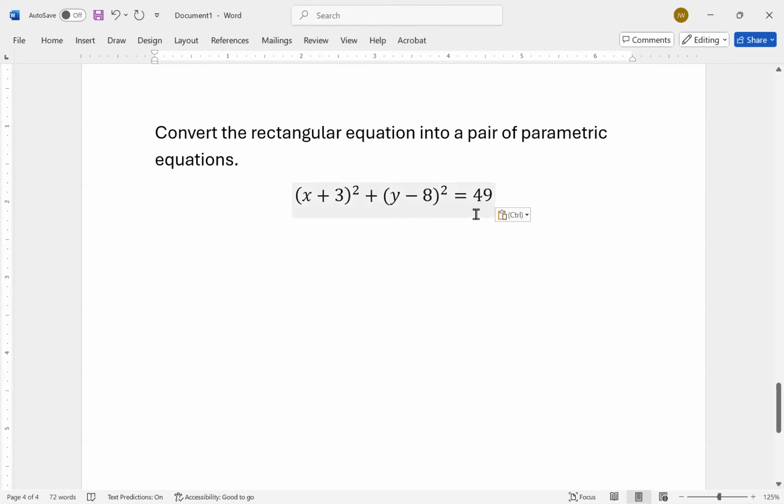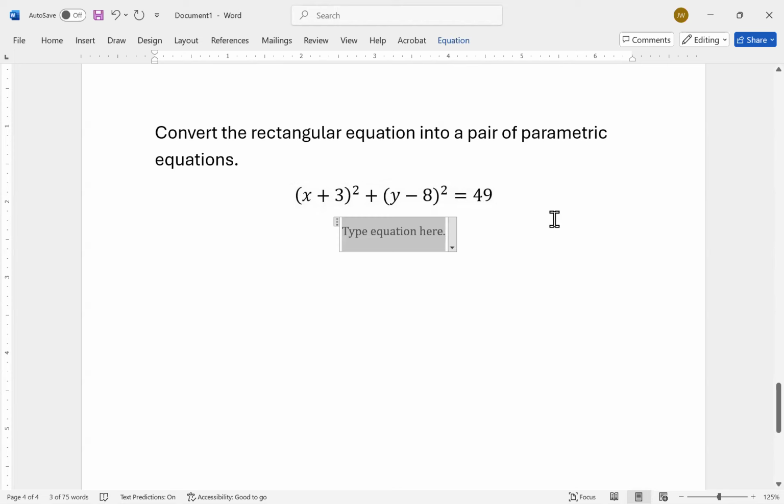In this case, what I like to do is say, well, we have something squared plus something squared equals a number. That's probably going to end up with cosine squared plus sine squared equals 1. And what I do is then I divide both sides by 49.